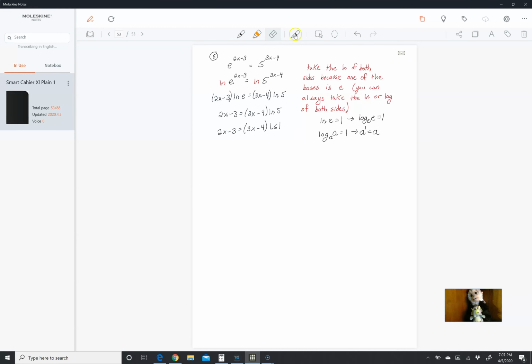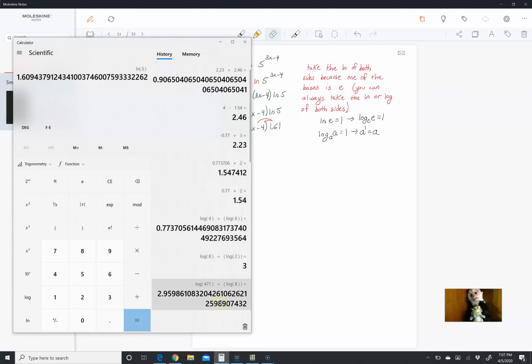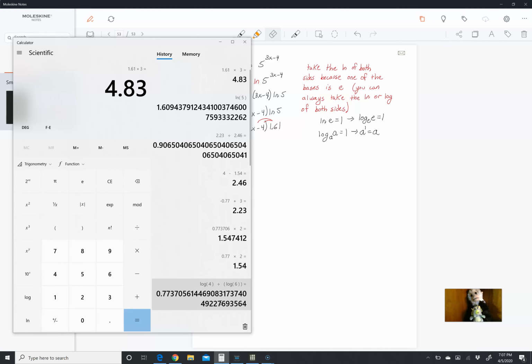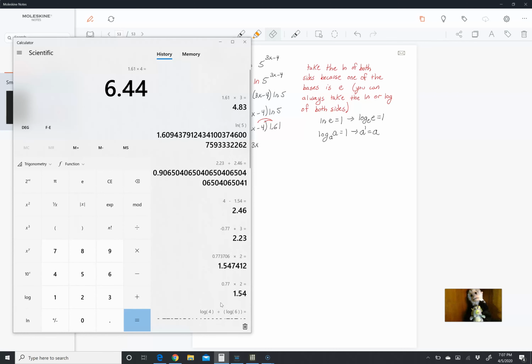So now we're going to distribute this 1.61 to the 3x and to the 4. 1.61 times 3 is equal to 4.83, and 1.61 times 4 is equal to 6.44.